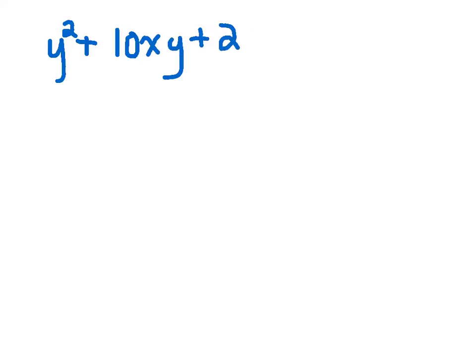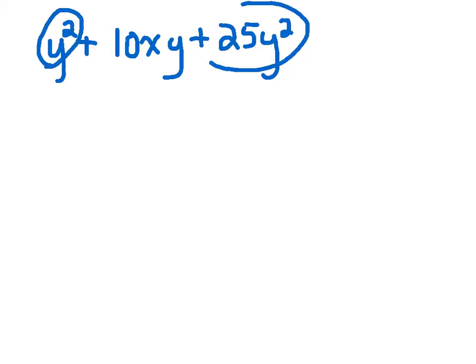Let's say x squared plus 10xy plus 25y squared. So where we left off is we're going to look and see, is this a perfect square? And is this a perfect square? And by the way, the terms that have 1 as an exponent need to be in the middle. Okay, so yes, they're perfect squares.